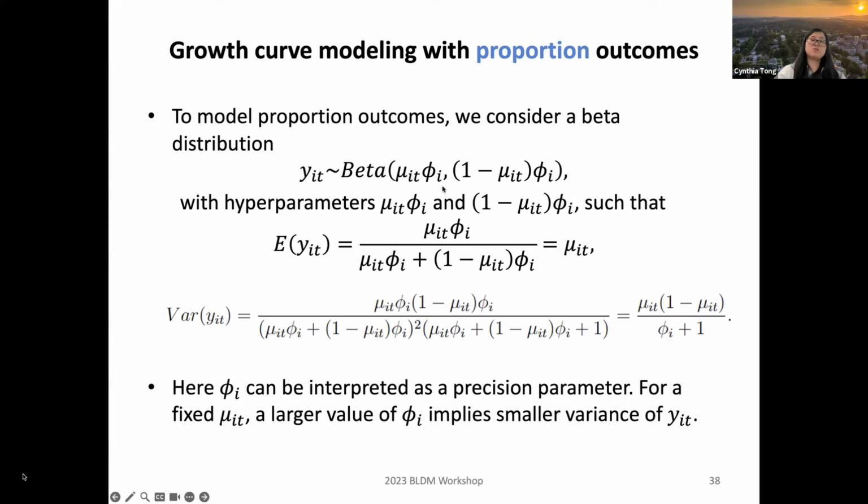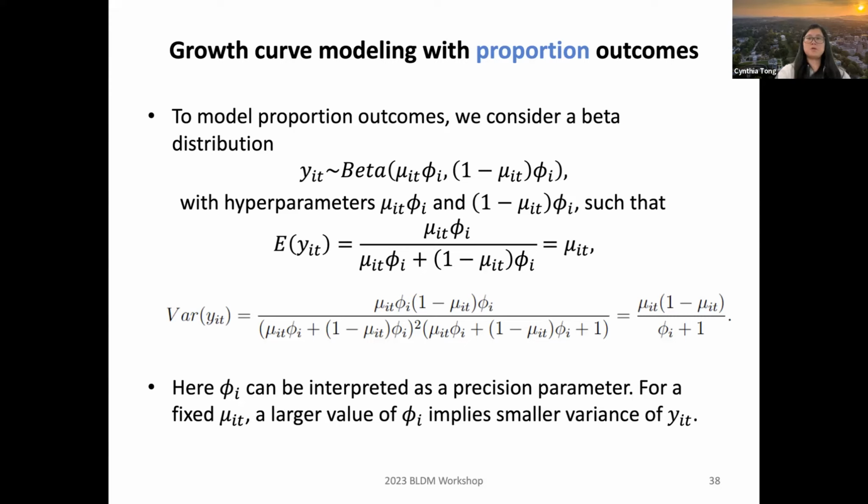We can use a beta distribution because it's relatively simple to implement, but in practice, based on the literature, the beta distribution usually doesn't fit the data very well. So instead, we can use the beta rectangular. Sometimes a simplex method can be used to model proportion data, and those can also be implemented in Bayesian.